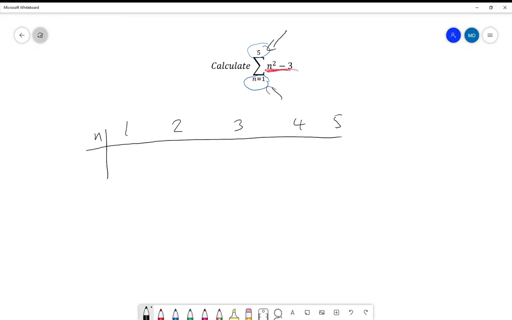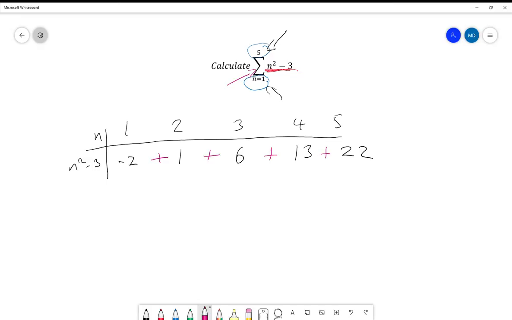And it says that your u_n should be n squared minus 3, which we've actually already worked out. It's minus 2, 1, 6, 13, and 22. And that's all it's saying. We've used every single bit of information in there except for the sigma itself. And what does the sigma mean? It means add them up.